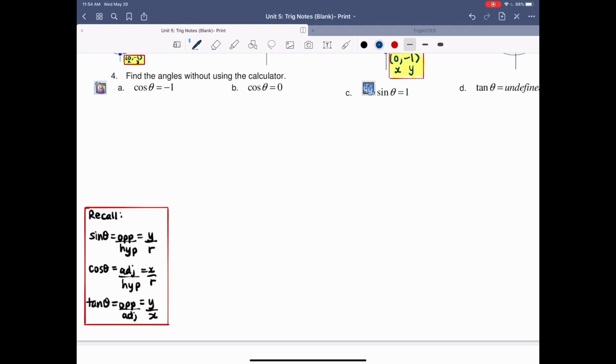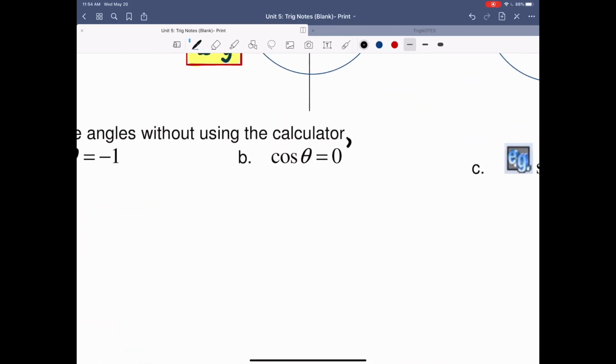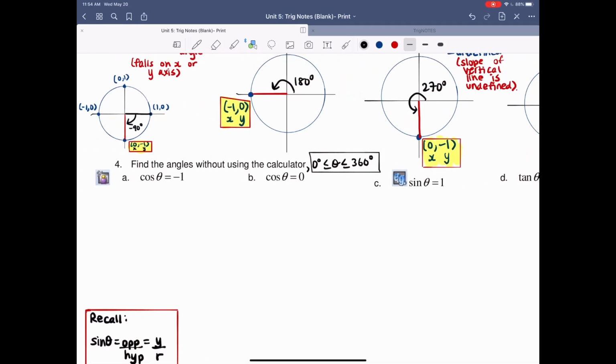So for cos theta is equal to -1, we need to calculate this without a calculator, and it should actually say that the domain is between theta of 0 degrees to 360 degrees, because if they don't tell you that, you could technically give me any coterminal arm and it would be true. It can be true. And so I need to tell you what the domain is, so I'm not getting a bunch of answers, but only the ones within the domain.